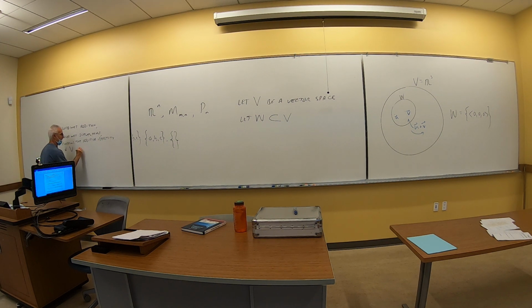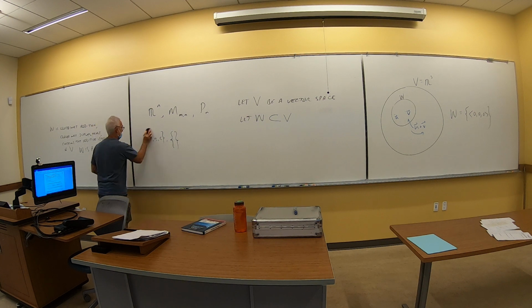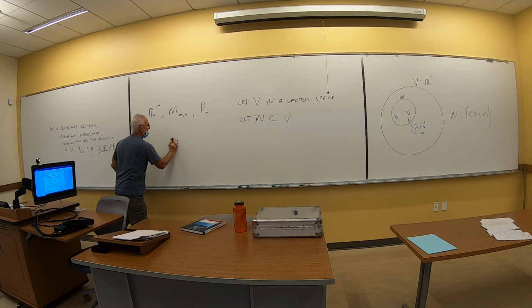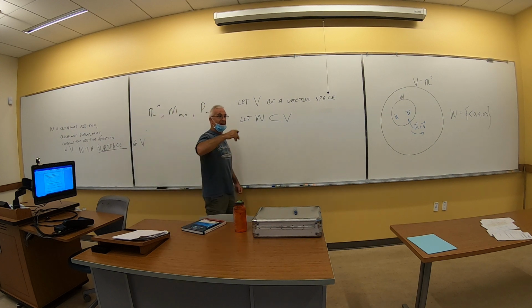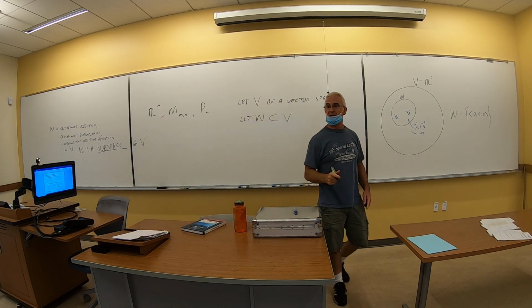So we say that W is a subspace of V. So the term subspace means you're a subset that is itself also a vector space.